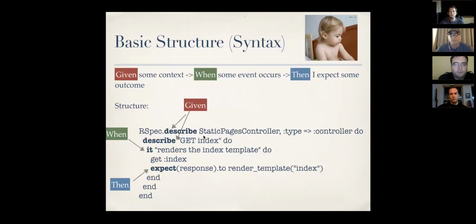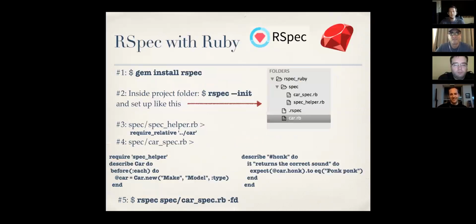So I'm going to show how to use RSpec with just Ruby code first, and then we'll move on to Rails. First of all, you're going to do gem install rspec in your terminal, and that should install RSpec. Then you create a folder, and when you put in rspec --init, it's going to create a .rspec file and a spec helper file.